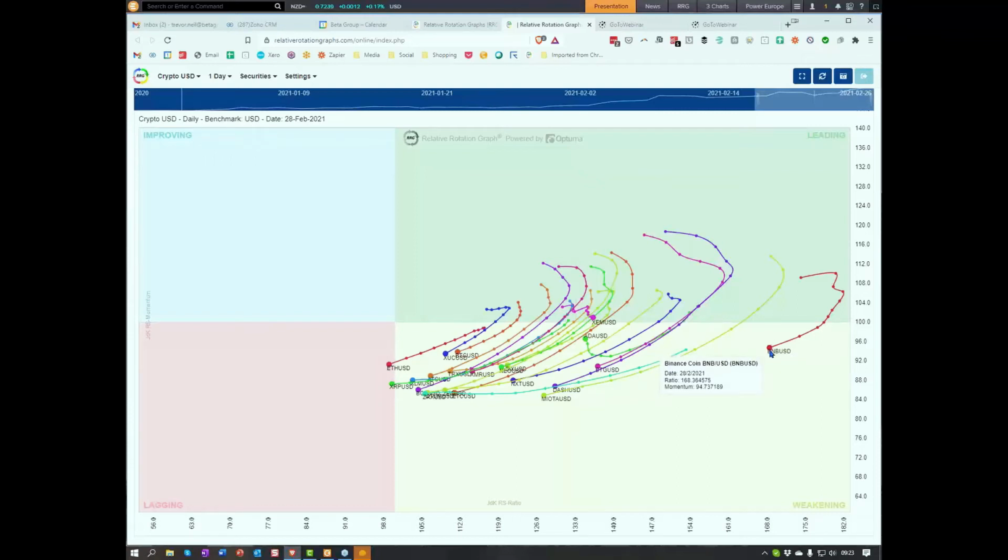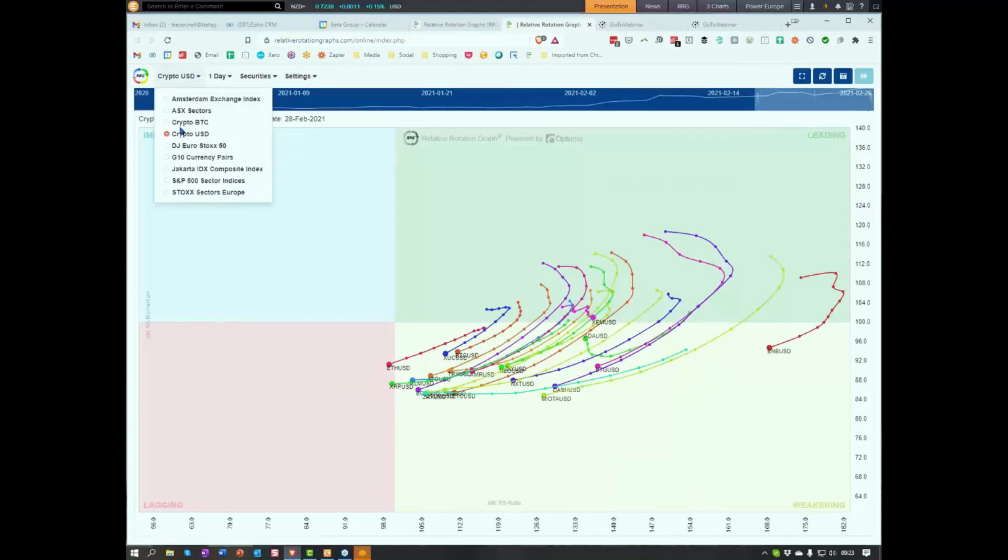Then going across, the weakest of the group that I watch are Ethereum and Ripple over here, and they are underperforming because they're on the left-hand side of 100, and the further to the left anything goes, the more it's underperforming the benchmark.